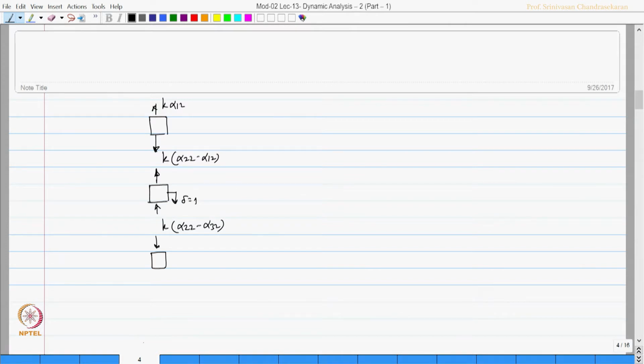Writing the equation, 1 will be equal to, for this, k times of alpha 2 2 minus 1 2 plus k times of alpha 2 2 minus 3 2.